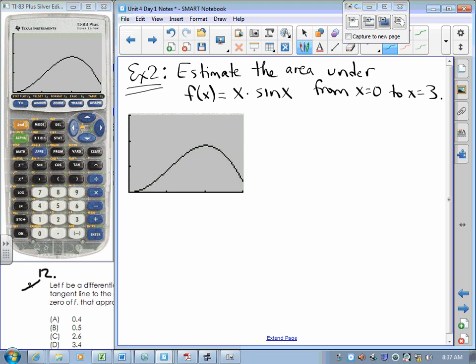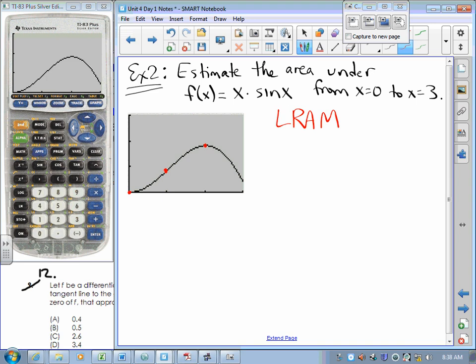So there are many ways for us to estimate this area under the curve. One of the ways is to do what's called a left rectangle approximation method. In a left rectangle approximation method, we take the left endpoint of each of my, I'll use 3 subintervals, you could use 6 subintervals or 12 subintervals.